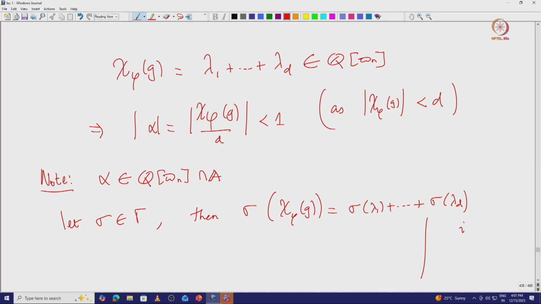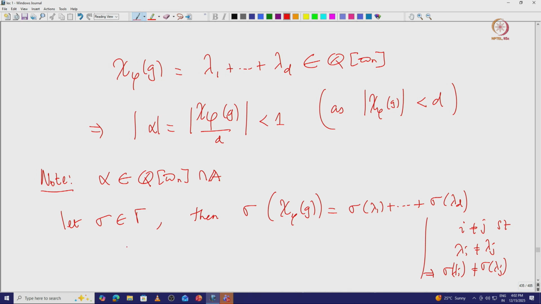So, if we have i, j such that lambda_i is not equal to lambda_j, that would imply sigma of lambda_i is also not equal to sigma of lambda_j for any sigma in Gamma, because sigma is nothing but an automorphism of Q(omega_n).